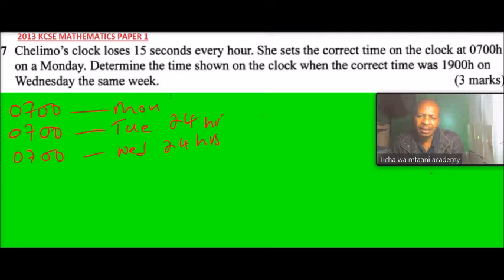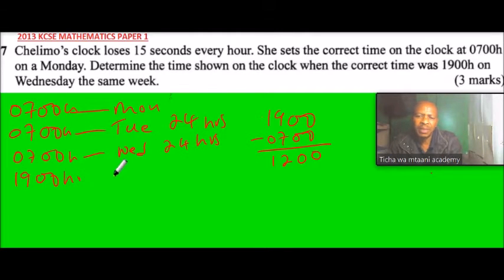Then from 7 to 19 the same day, we say it is 1900 minus 0700. This will give you 12 hours. So it means at 1900 hours.